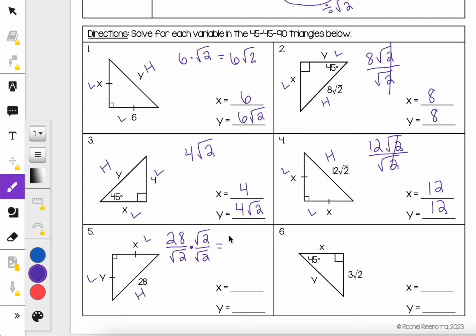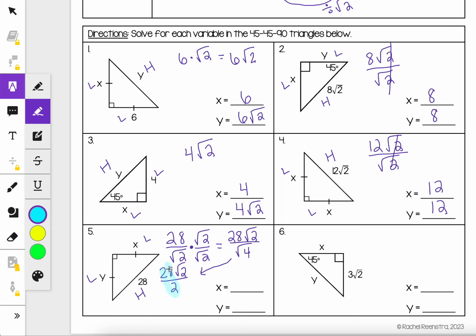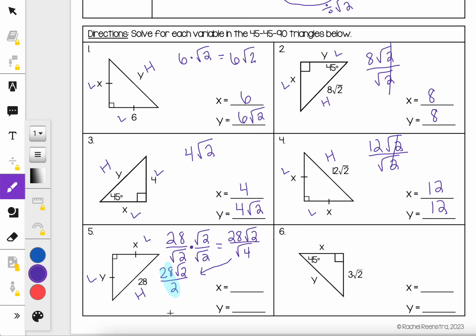So in my numerator, I have 28 times the square root of 2. The square root of 2 times the square root of 2 is the square root of 4. And I'm just going to keep simplifying from here. So 28 times the square root of 2 over the square root of 4 is simply 2. And now here, I'm going to divide the numbers outside of my radical.